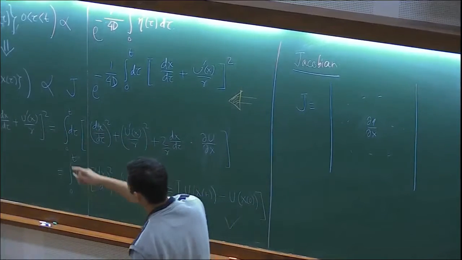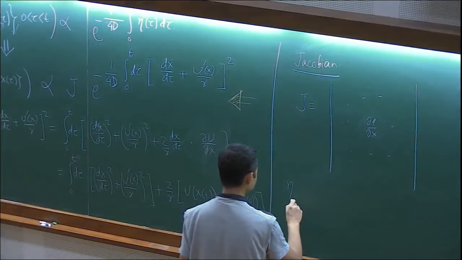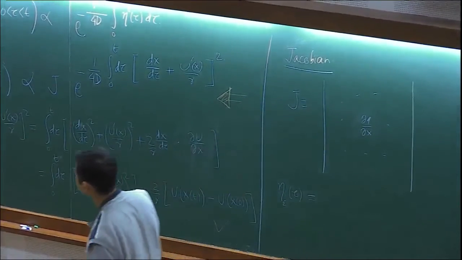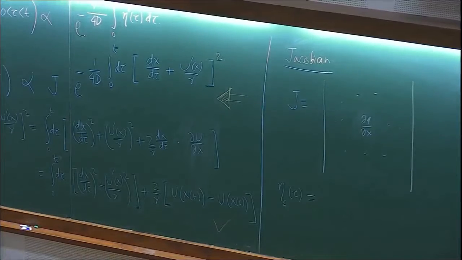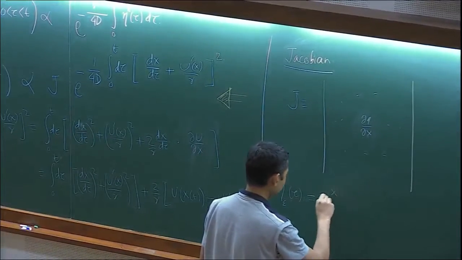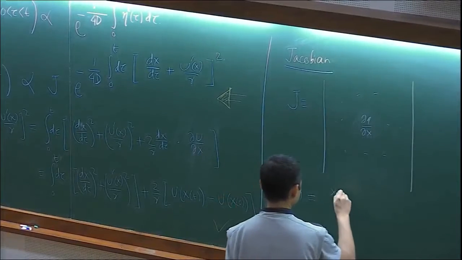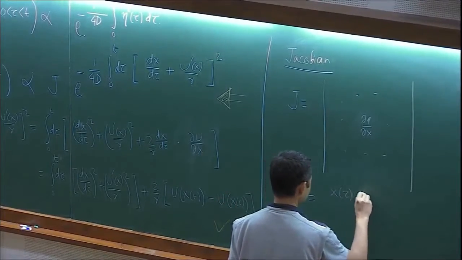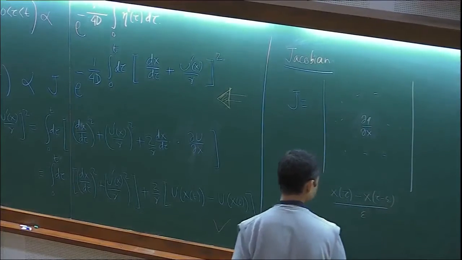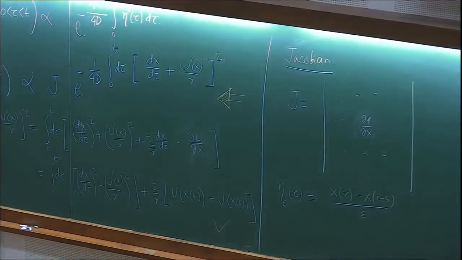So what is eta epsilon of tau from that equation at some value tau? So this will be x at tau minus x at tau minus epsilon divided by epsilon, right?